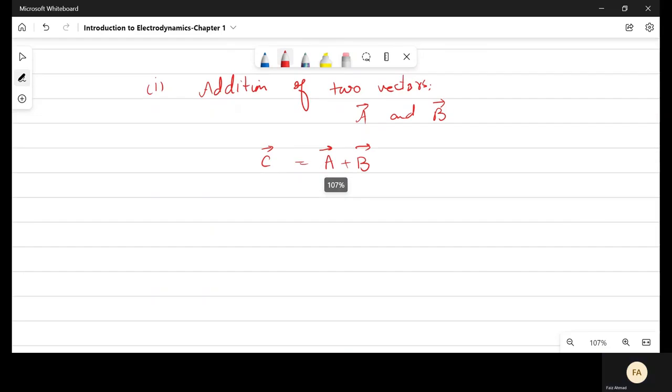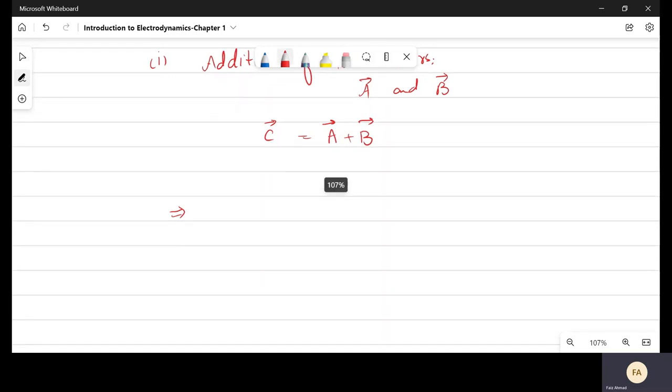So we can use the head to tail rule to add the vectors. So if we have a vector A, and we have other vector, vector B.